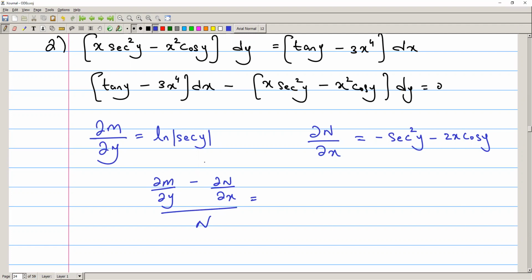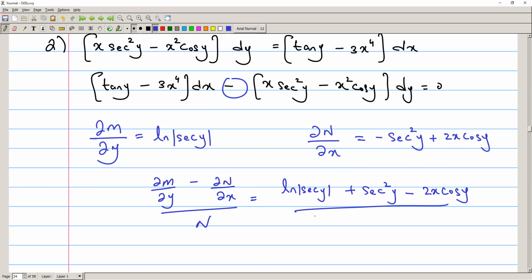So ∂M/∂y is sec squared y minus ∂N/∂x, which is negative sec squared y minus 2x cosine y, and this is positive, sorry, because of this negative, this will be positive sec squared y, and then this will be negative 2x cosine y, divided by N. And what is N here?